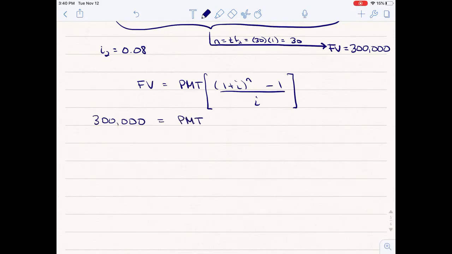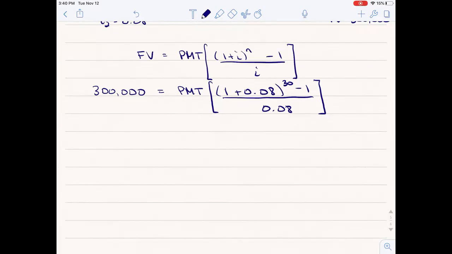I'm trying to solve for the payment amount, so I'm just going to leave that as is, times 1 plus 0.08 to the power of 30 minus 1, over 0.08. I'm going to simplify the big brackets and then divide them over to the left-hand side to solve for PMT.